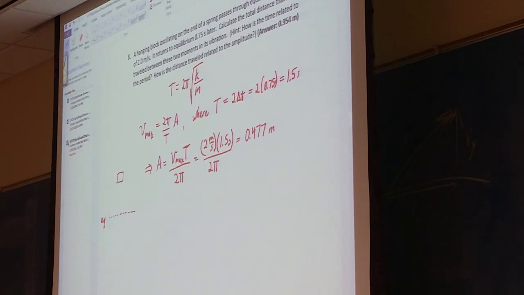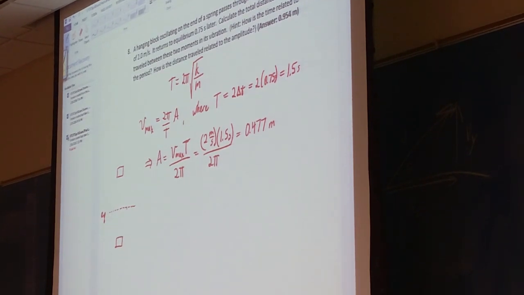Here's the top of the motion, here's the bottom of the motion. Basically, it starts at equilibrium, it goes this way, goes to one extremum, turns around, and comes all the way back to equilibrium. And we want to know what total distance was traveled.